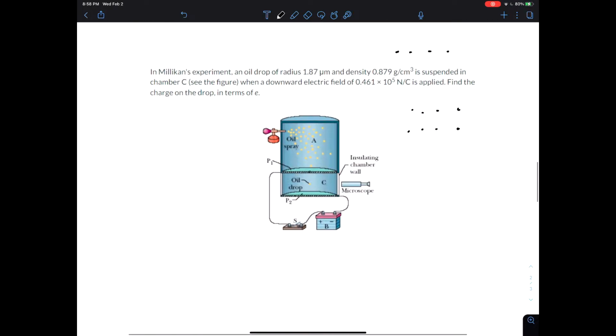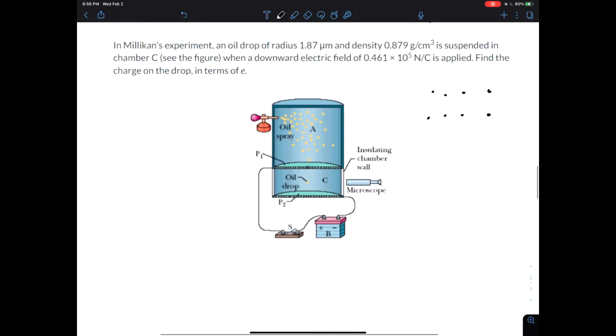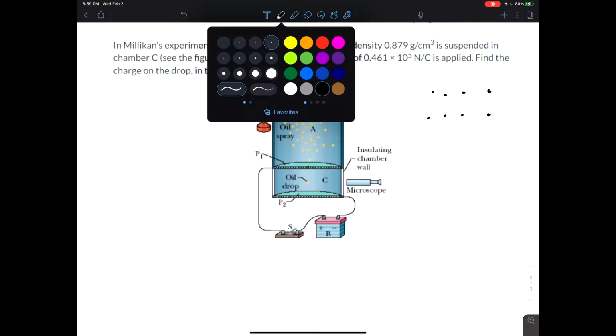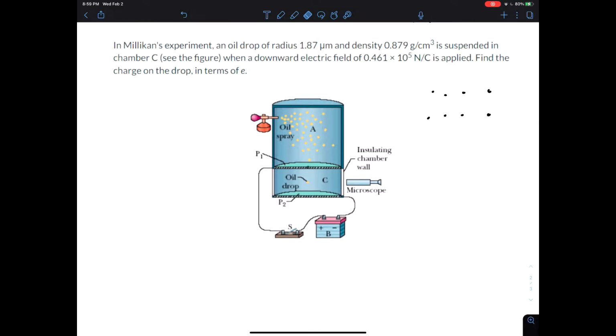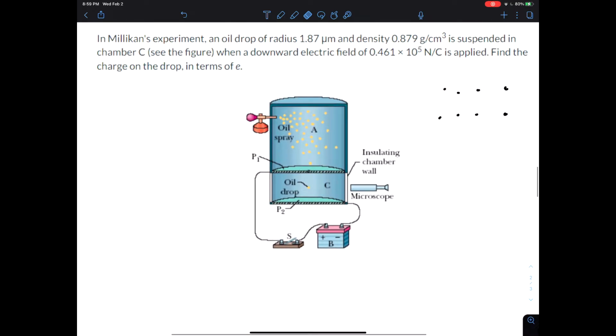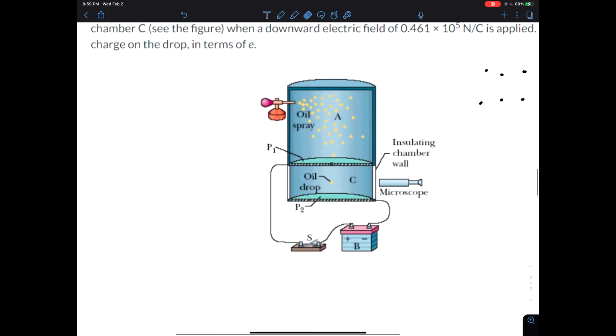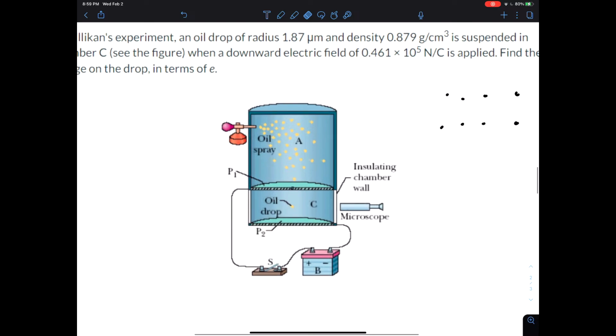So the first thing we should notice about this problem is that the oil drop is suspended, and there are forces to be considered here. First of all, there's a downward electric field, which isn't a force, but we can draw the vector here just for seeing it.